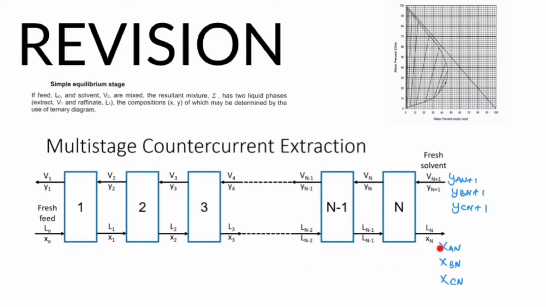Because for both single stage and multi-stage countercurrent extraction, the types of graph that can be given to you are the following. There are two types of graph that you might get.